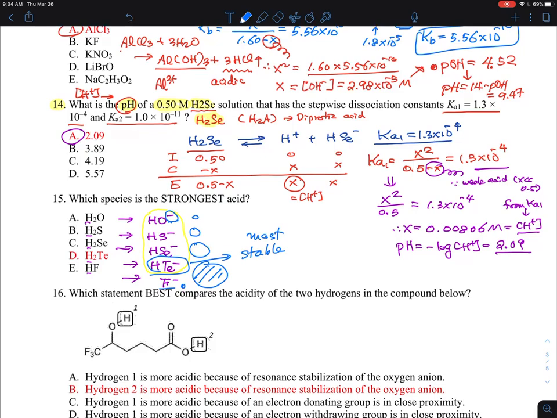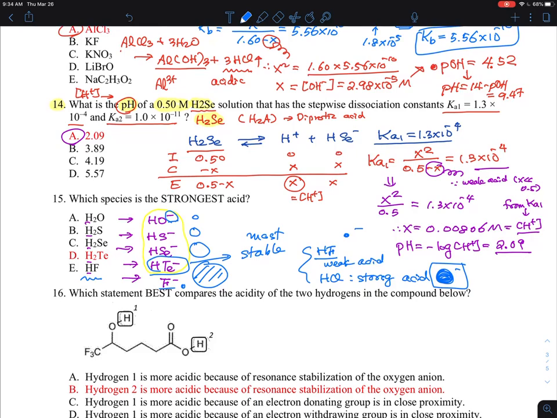That's why HF, if you compare that, is not a strong acid. It's actually considered to be a sort of weak acid. As you all know, HCl is a strong acid. And the same argument here: fluorine is really small, and chlorine is this big, and with the negative charge it's much better.